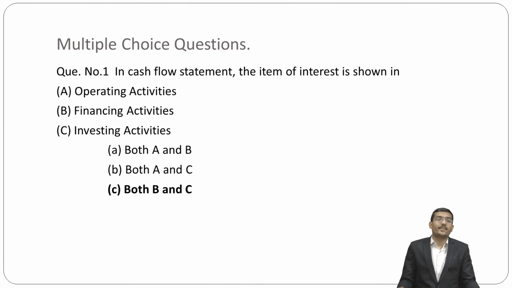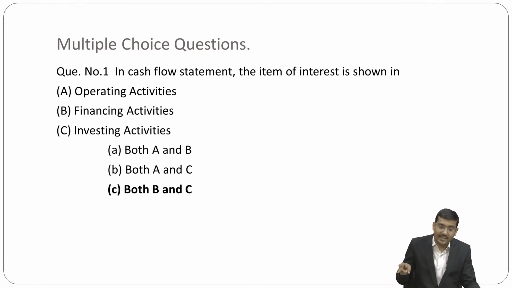The next aspect is evaluation of multiple choice questions. Let us examine the first multiple choice question: in a cash flow statement, the item of interest is shown in which activity, operating activity, financing activity or investing activity? So my dear friends, the interest is shown in two activities, that is financing and investing.